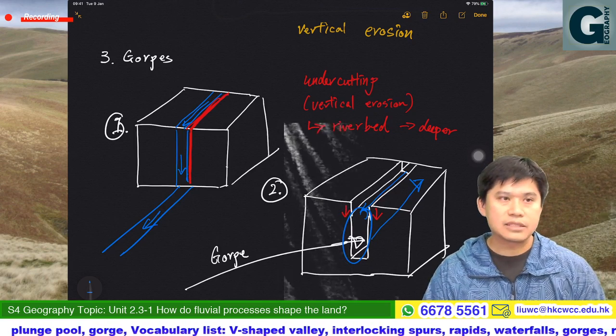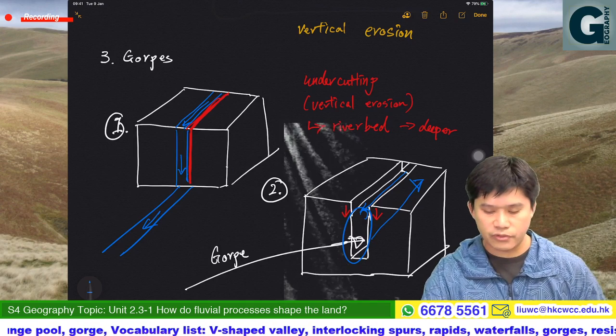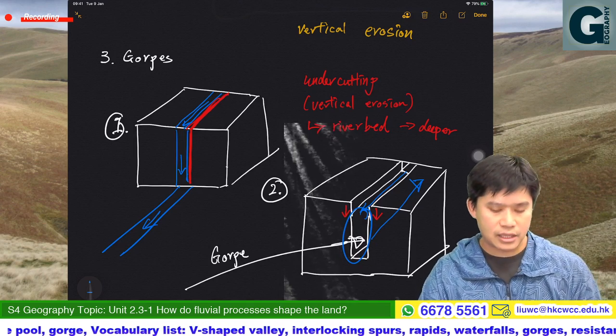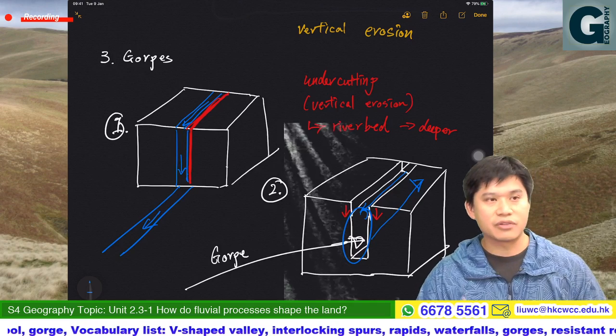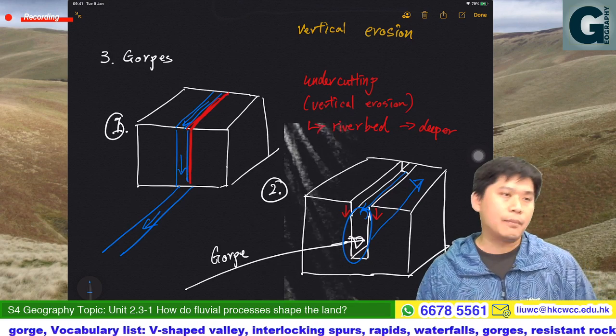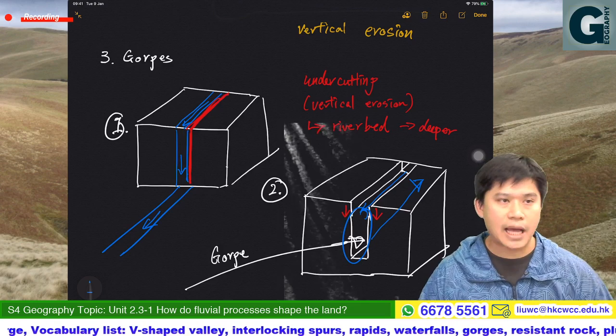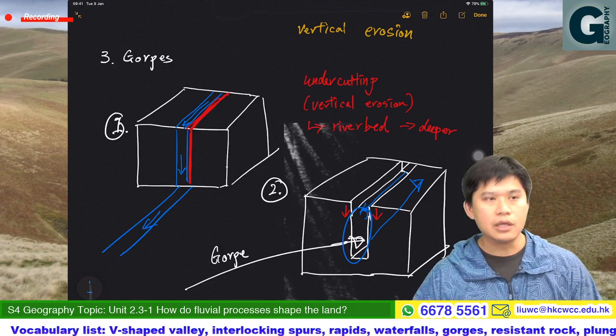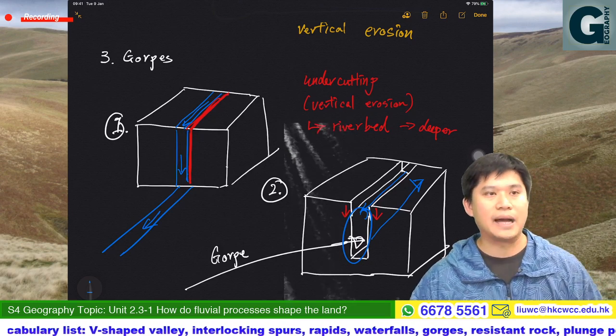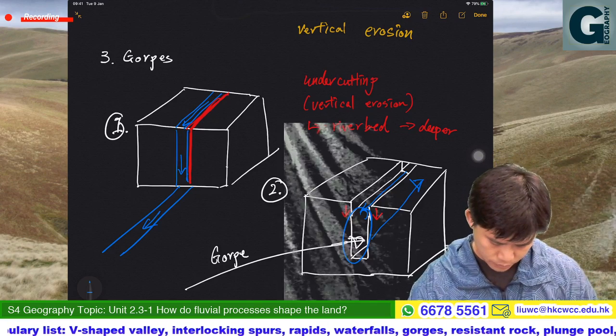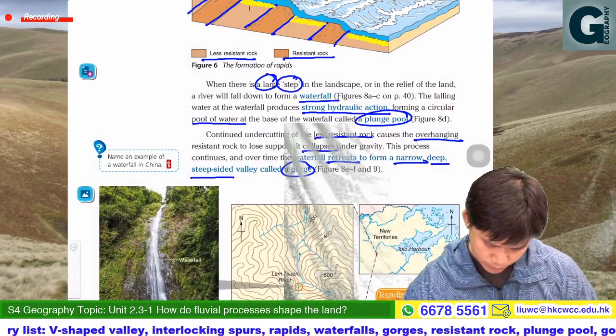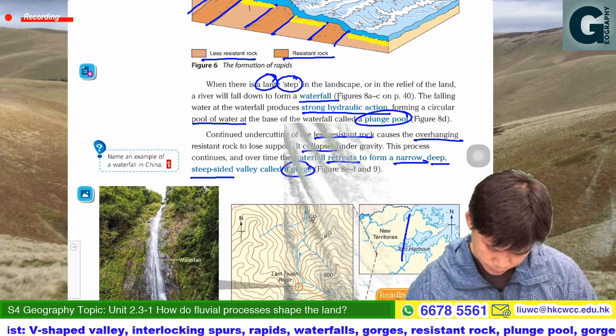So that is similar to the formation of the Three Gorges. 三峽啦，我哋學過長江三峽，三個峽谷。Okay, so that is also formed by a river like this. So that would be about the gorge.